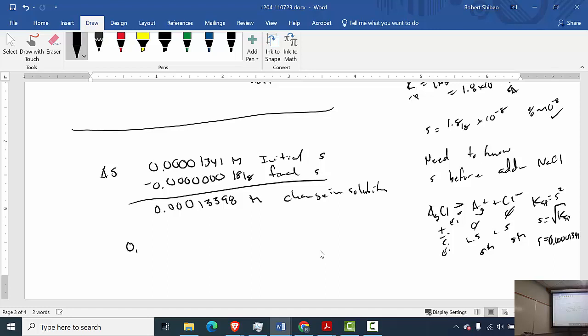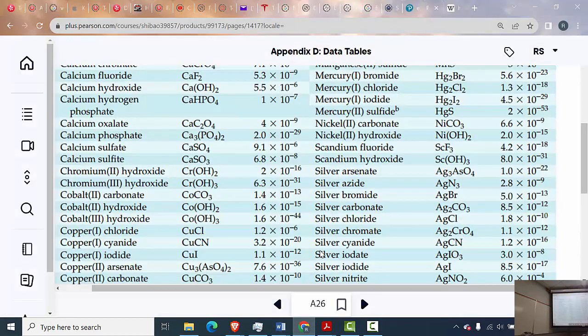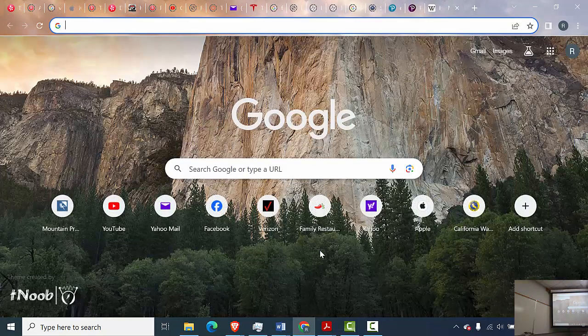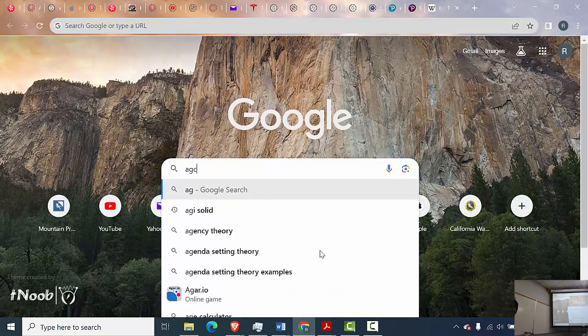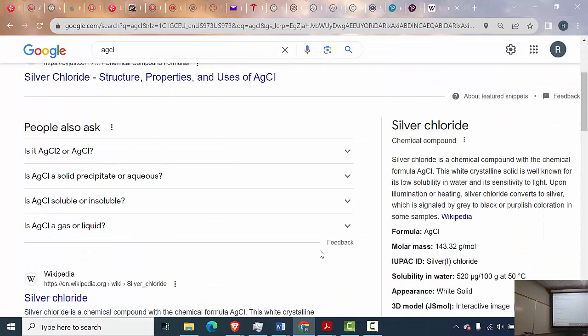And so what I have is 0.101 liters, and I'm going to multiply it by this concentration, 0.000133398 moles of silver chloride per liter. This is how much I lost. And then convert it to grams. I need the molar mass of silver chloride. We'll just use Wikipedia for that. And so we'll just go AgCl, since I want to save some time. 143.32.